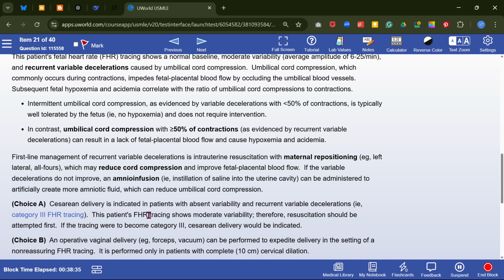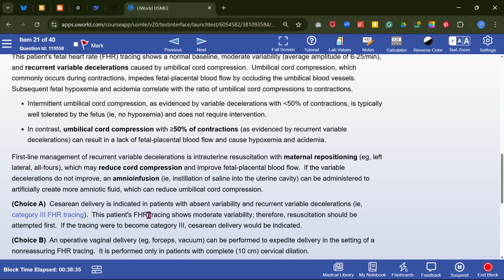Why are we not doing cesarean delivery? Cesarean delivery is indicated in patients with absent variability and recurrent variable deceleration, like category 3 fetal heart rate tracing.